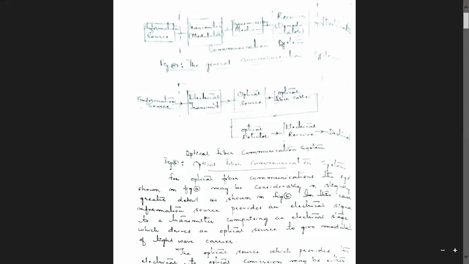In the transmitter and receiver, the frequency translation operation takes place, whereas the transmission medium carries the signals from the transmitter to the receiver, or from the source to the destination. In any communication system, we usually don't show the source and destination, however they do exist in the communication system.